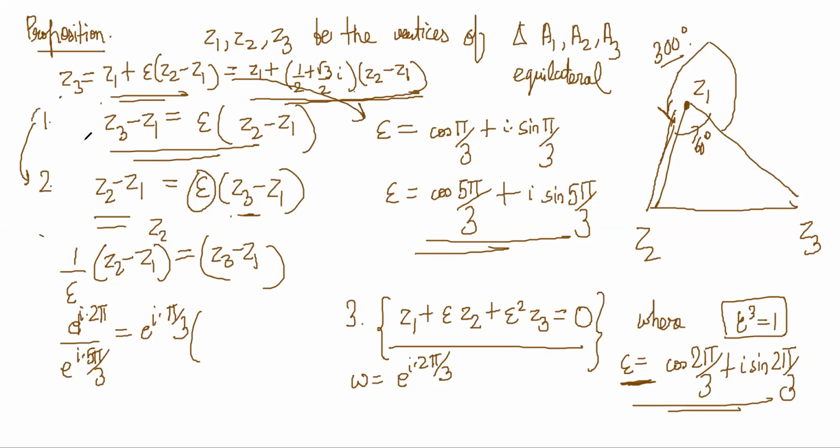From the first equation, Z3 can be gotten in terms of Z2 and Z1. When you put that in the second equation, you will get a condition in Z2 and Z1, right? So Z2 can be written in terms of Z1. You can isolate the Z2 from here.